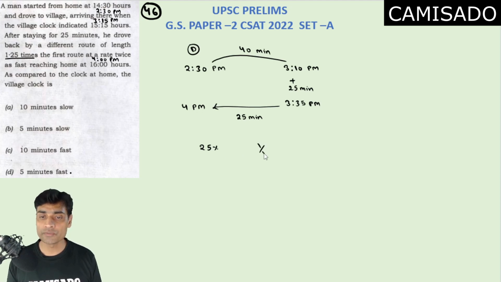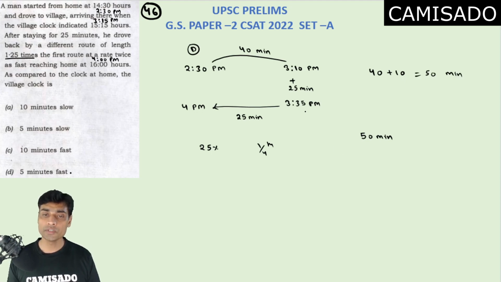It means 1/4 time it will take extra. So accordingly we can say that this time he will take 50 minutes. Earlier he has taken 40 minutes. Journey has increased by 25%, therefore time also will increase by 25%. It will be 10 minutes. So 40 plus 10 is 50 minutes. So overall we can say that 50 minutes he will take for the return journey.